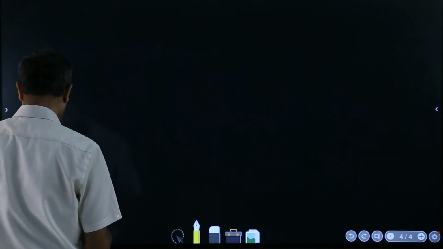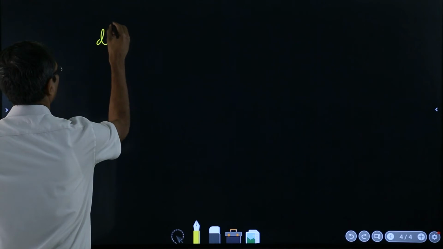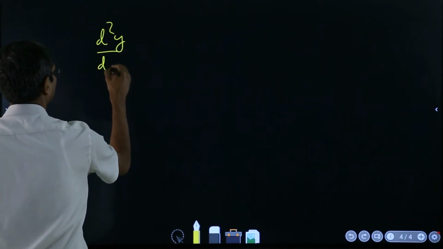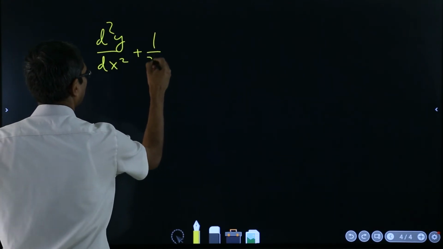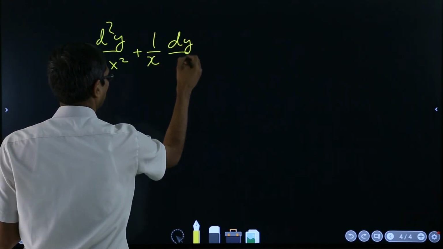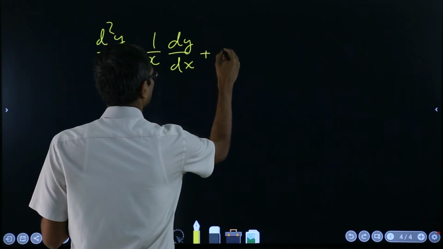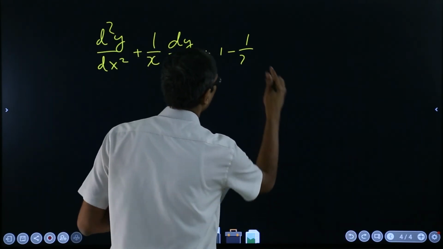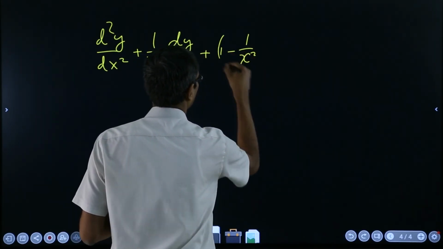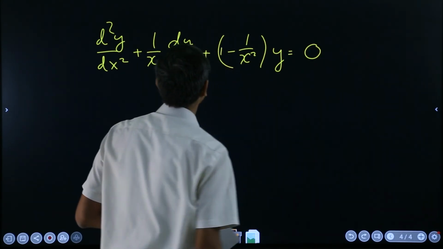So that's this, say d square y over dx square plus 1 over x dy over dx plus 1 minus 1 over x square y equal to 0.